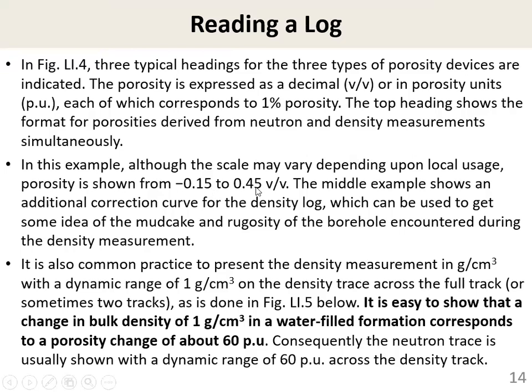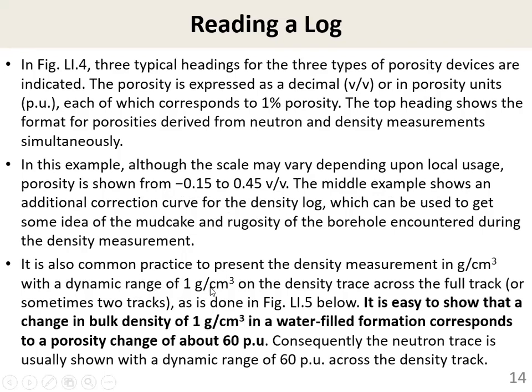So I mentioned in one of those scales you saw, the porosity was from minus 0.15 to 0.45, and that's for the neutron porosity. The middle example showed an additional density correction curve. I've mentioned that before.